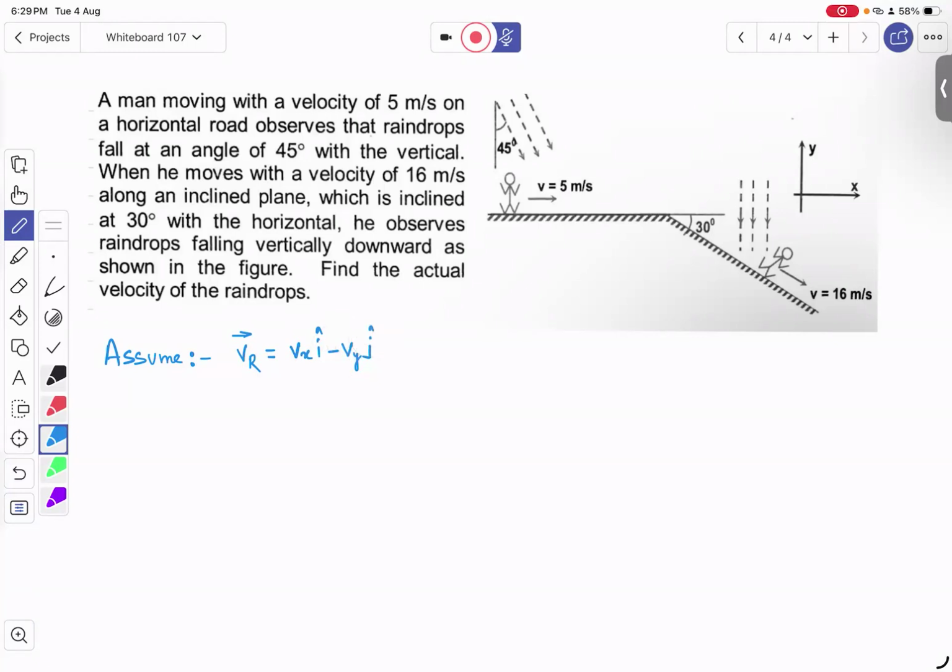Now, in case 1, the velocity of the rain with respect to the man is like this. The first job will be to figure out the velocity of the rain with respect to the man.